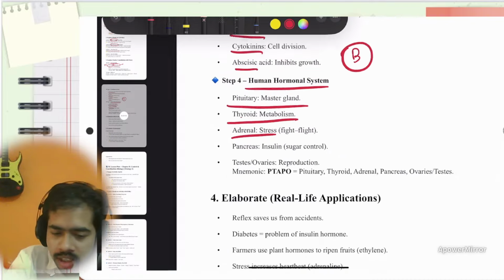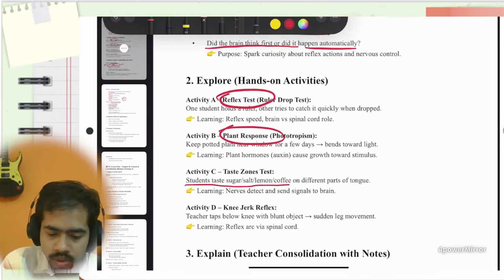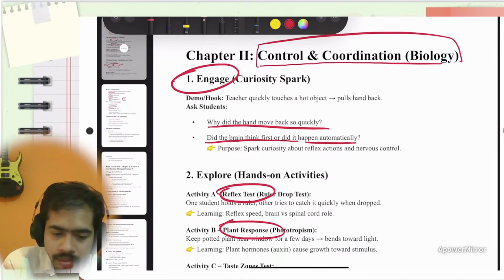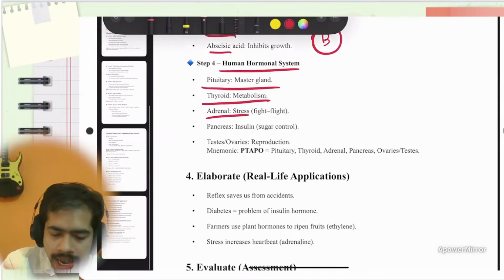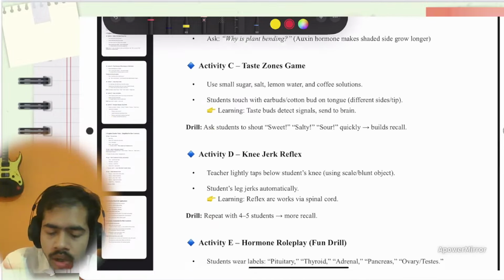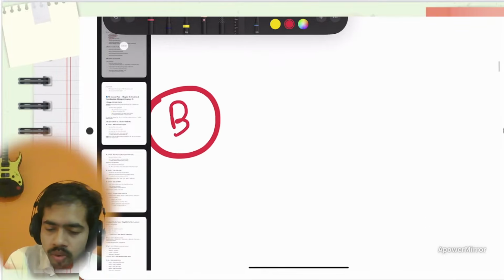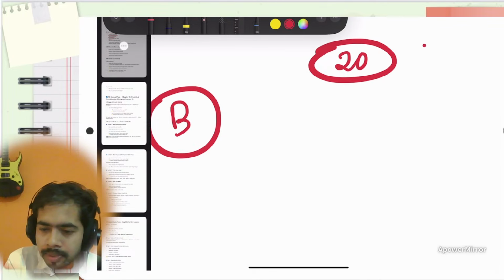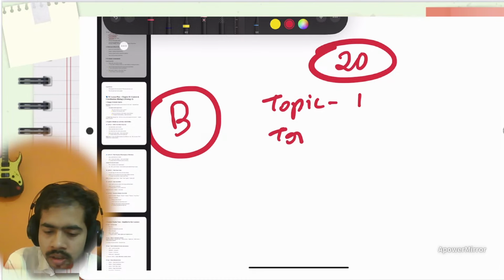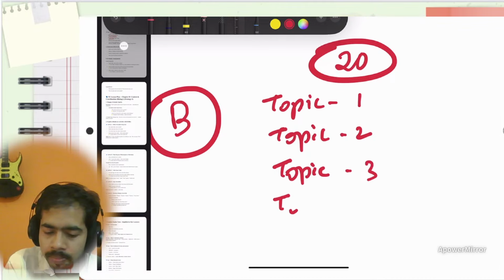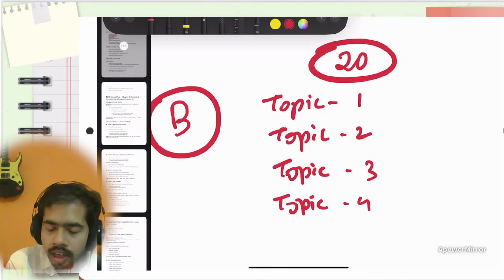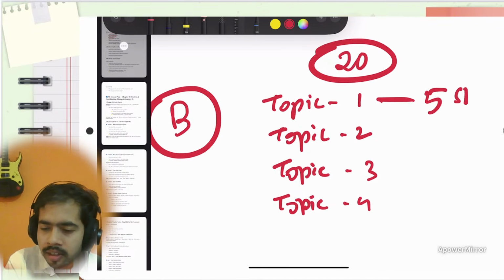Suppose this is my topic. Okay, let me show you. This is my topic. Now what I can do, I can ask my students. Suppose 20 students are there, and we have one chapter with topic 1, topic 2, topic 3, and topic 4, and we can give 5 students to each.